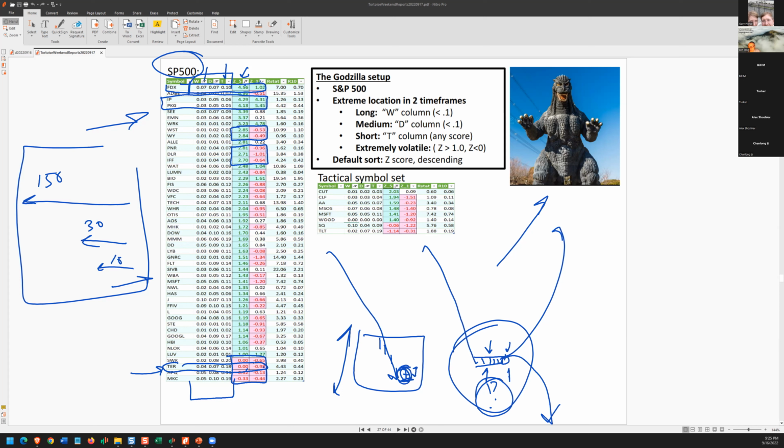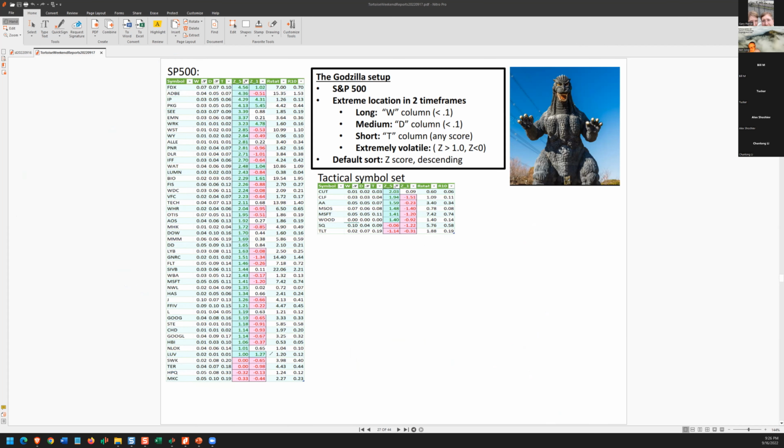So all of these that are down here in Godzilla land that are quiet, like Teradyne, Hewlett-Packard, those are of interest too. So there's 3 different styles of Godzilla in here: the green, the green-red, and then the red. Each one of them has a slightly different psychology, but they are all, because of trade location and abnormal volatility readings, special cases, compound critical states, ready to explode.